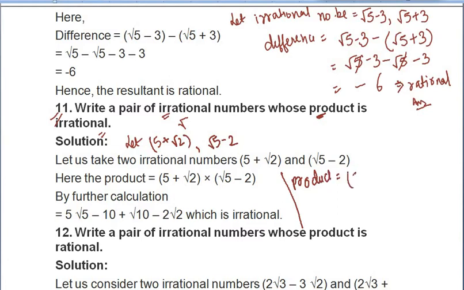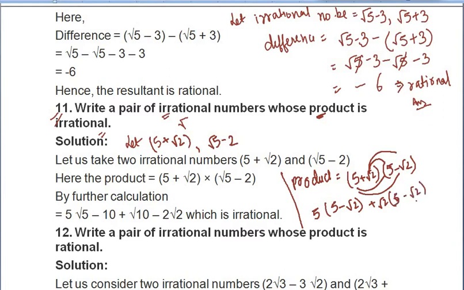So here 5 plus under root 2 and here 5 minus under root 2. This 5 will multiply with both numbers, 5 minus under root 2, then plus this under root 2 will multiply with both, 5 minus under root 2.